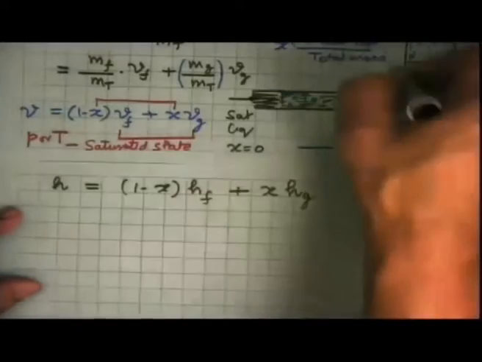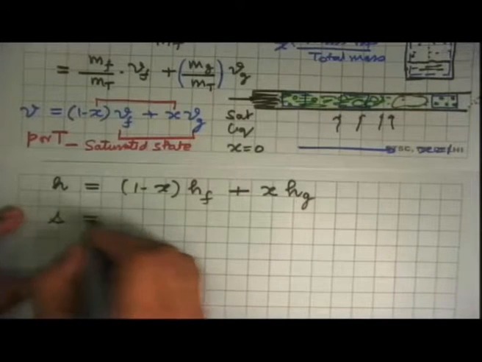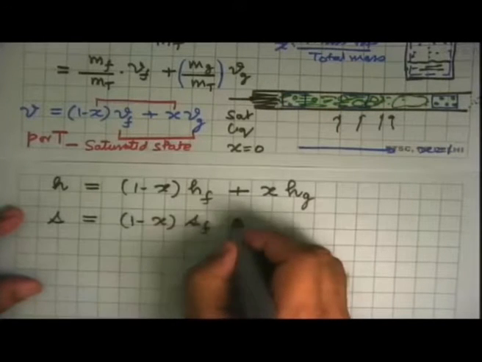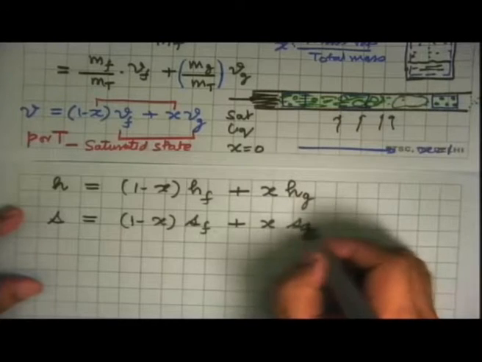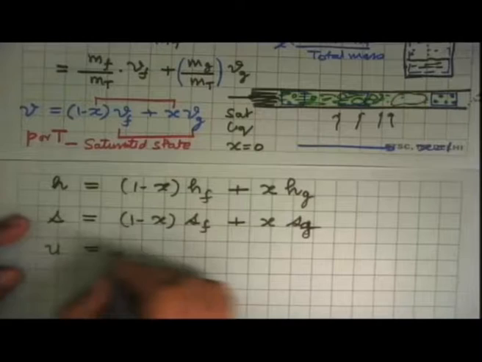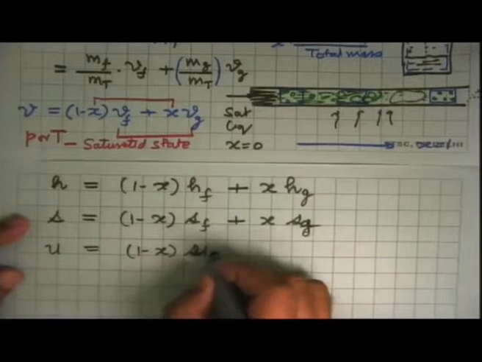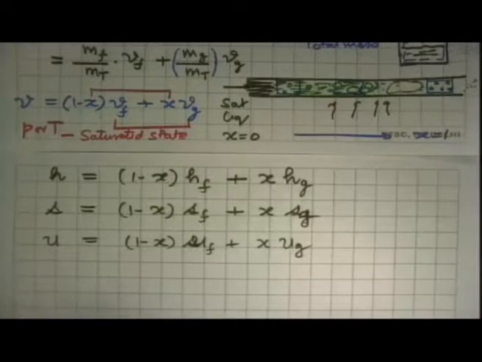And if we ask what is the specific entropy of this system, then s is equal to 1 minus x times sf plus x times sg. And the same thing we can use for u: u is equal to 1 minus x times uf plus x times ug. So how do we get values of uf and ug?